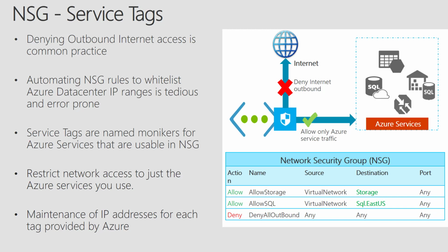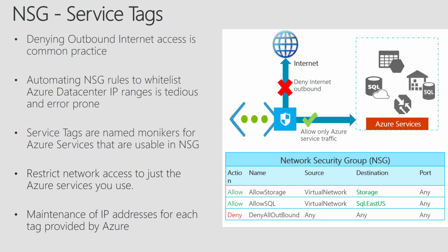But we have services running within a virtual network that need to access what I call Azure public services, like Azure SQL and Azure Storage. These services use public IP address ranges, so they use public IP addresses. So how do you undo that?